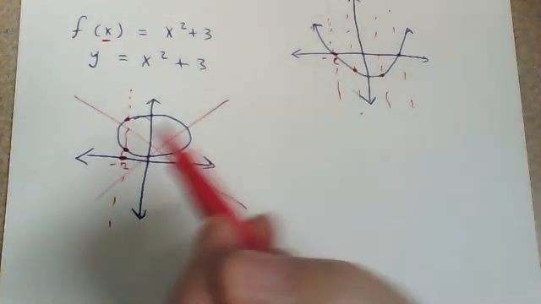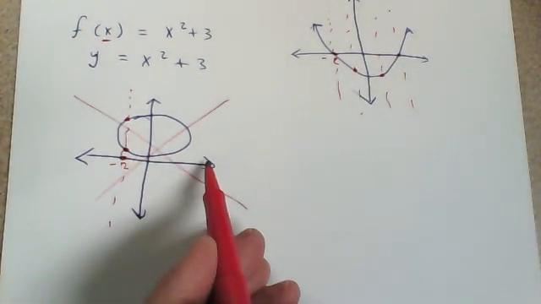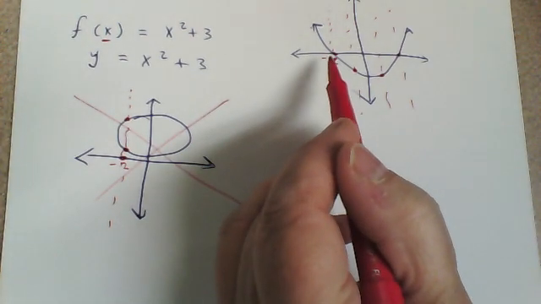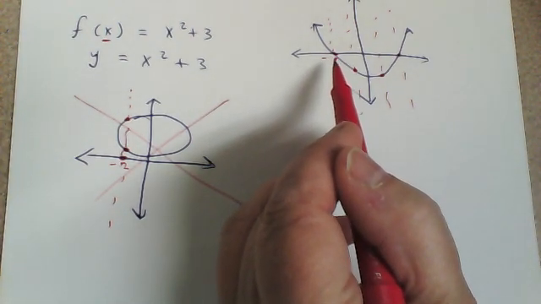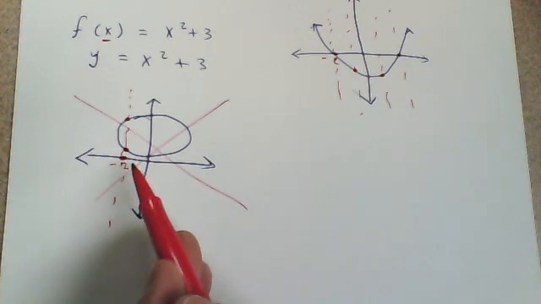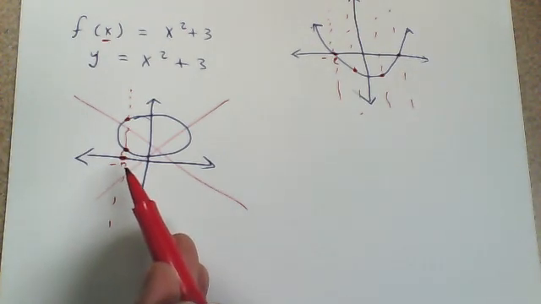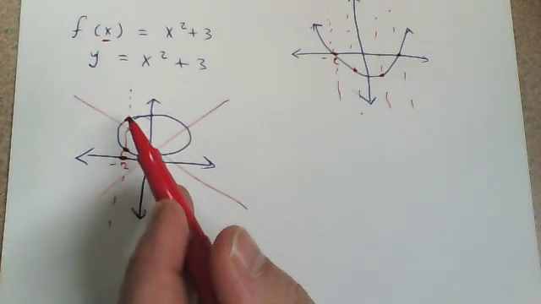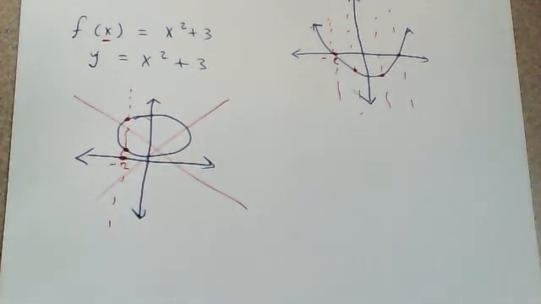So for each input, my x values, I'm only getting one output here. That's why this would be a function and this would not, because for my input -2 for x, I have 2 potential solutions. So you can see graphically whether or not something is a function. So all functions are equations, but not all equations are functions.